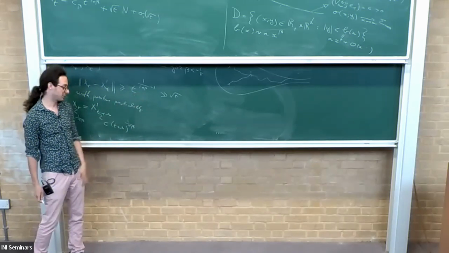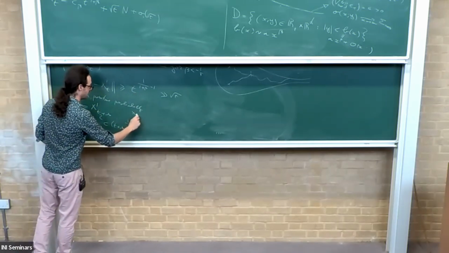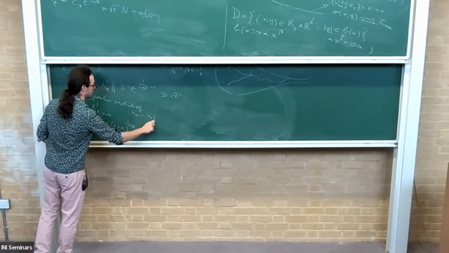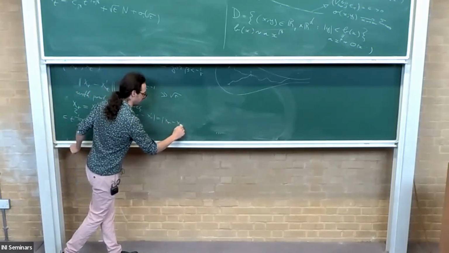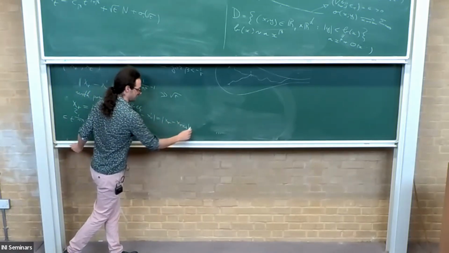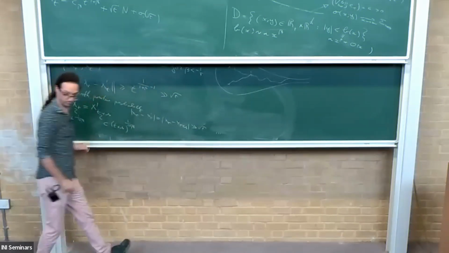That's essentially what's happening. And so it is the case that x_t minus x prime t is actually just going to be x_t minus x of t plus s. And this is going to be indeed much bigger than square root of t.